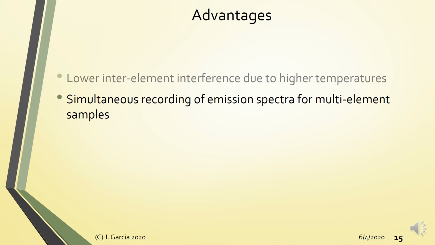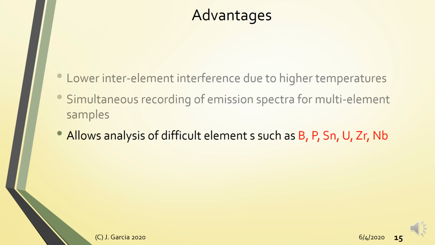Here you don't need to do that, because each element will have its own unique emission spectra, and the detector for the plasma or electrical arc or spark is capable of capturing all of these spectra coming from the different elements simultaneously.